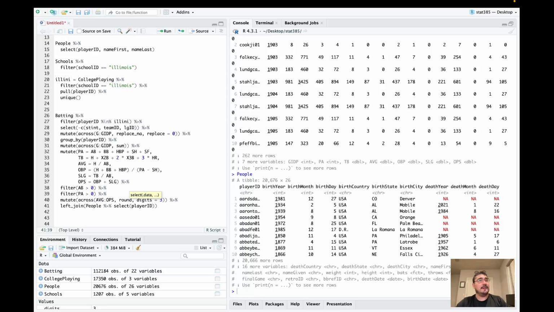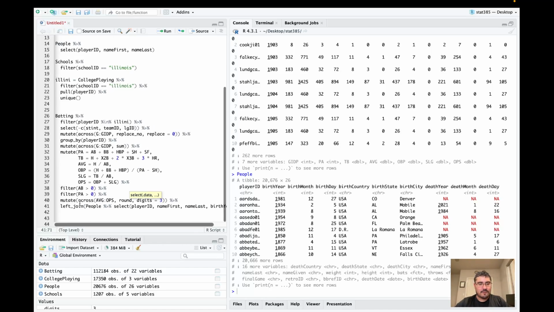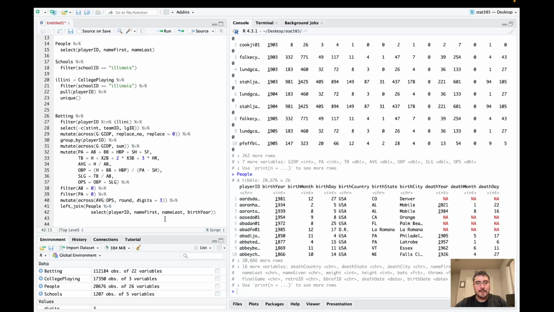Player ID, that's going to do the joining. And I want name first, name last, birth year. Okay, and I want to do, wait a minute.